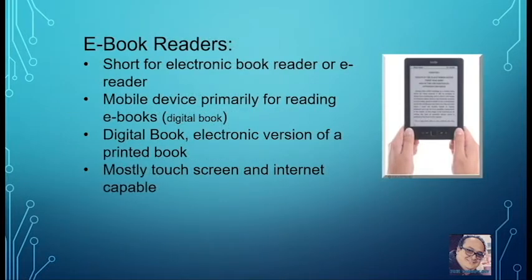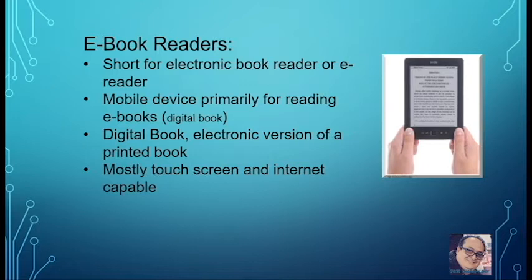Ebook readers. An electronic book reader, or e-reader, is a mobile device made primarily for reading. You can download from a website like Amazon, through Kindle, a book that has already been printed. You can download it and read it on the device. They call them digital books.